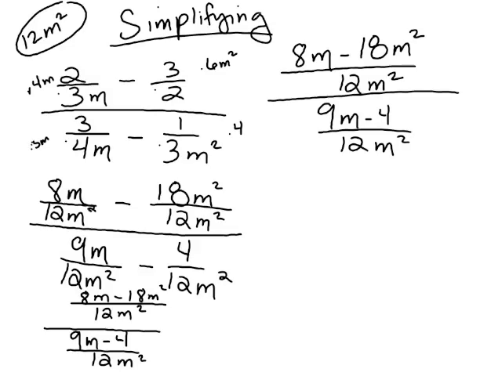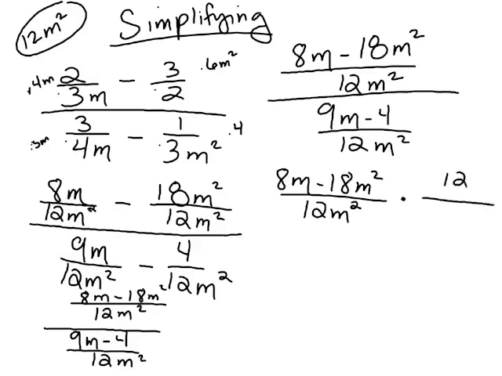Okay, so we're still dividing fractions. It's just written in a different format. So I flip the second term over and multiply. I have 8m minus 18m squared divided by 12m squared. Then I'm multiplying by 12m squared over 9m minus 4.